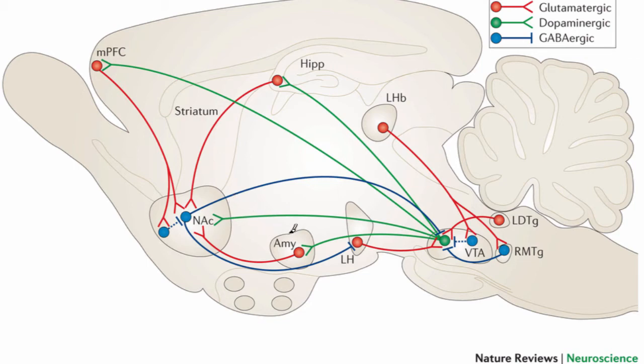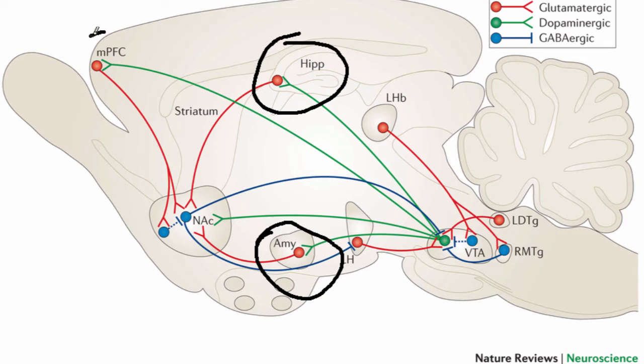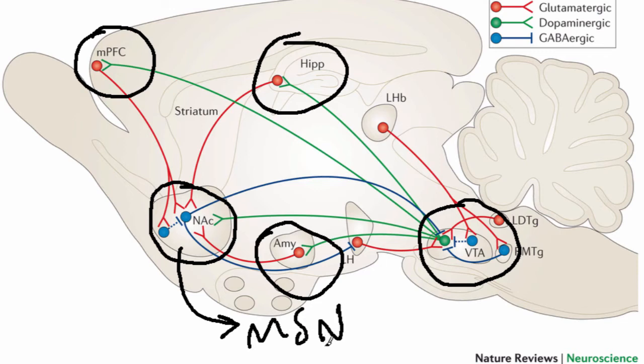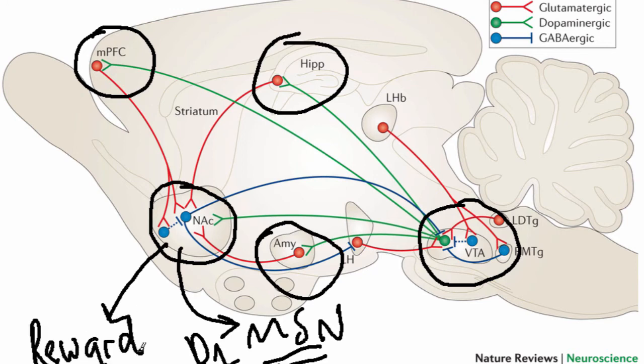here's the amygdala, hippocampus, medial prefrontal cortex, ventral tegmental area, and your nucleus accumbens. These cells here are made up of medium spiny neurons, which typically have dopamine receptors, so D1 in this case, and is in control of the reward system.